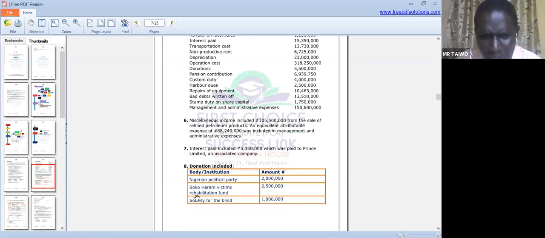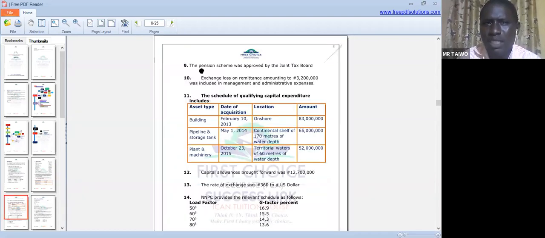Donation to the Boko Haram Victims Rehabilitation Fund is allowable. And Society for the Blind is allowable. If you go and look at the fifth schedule of allowable donations, you realize that there are other Boko Haram victims there. So all these are allowable. So please note that. Also, the pension scheme was approved. So far as they approve it, you allow it.